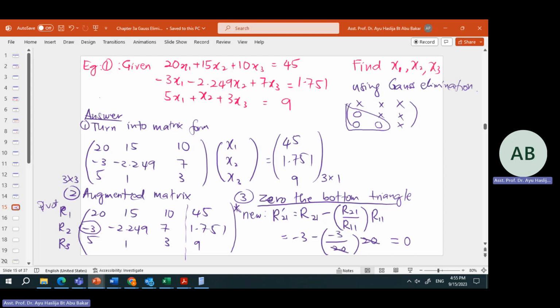We base on the row that we pivot. Now, what I meant by the factor is this one. This is the factor that you will be using to find R prime 22 and R prime 23.